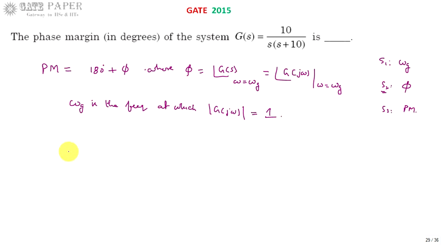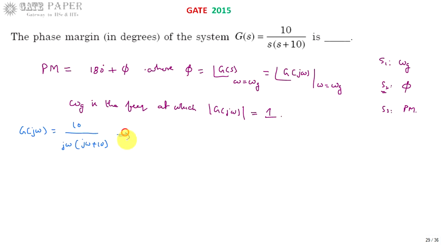So omega G we will calculate first. Calculation of omega G. First we write G(j omega), where S is replaced with j omega, so it is 10 divided by j omega times (j omega plus 10).